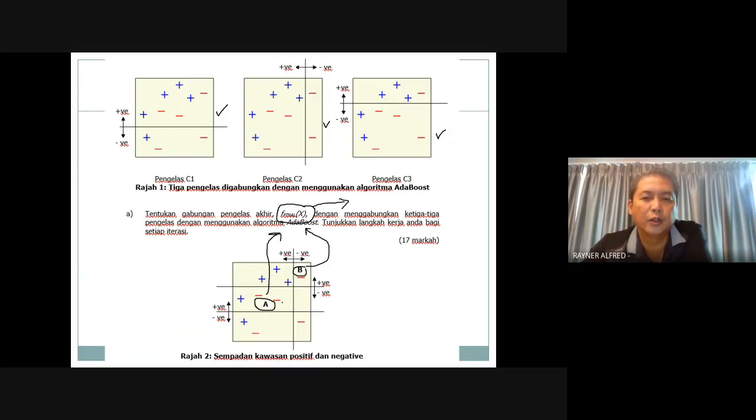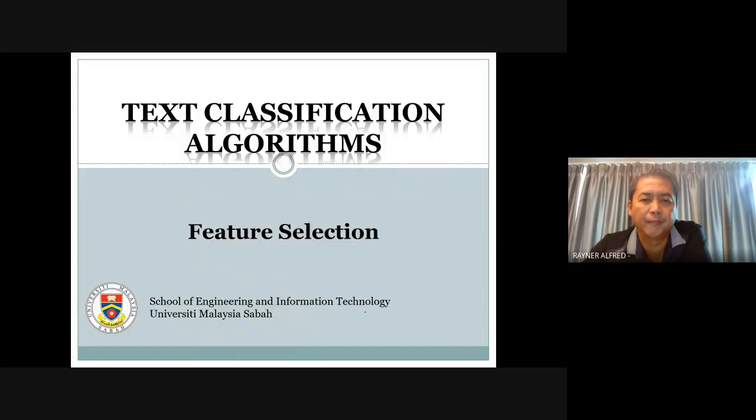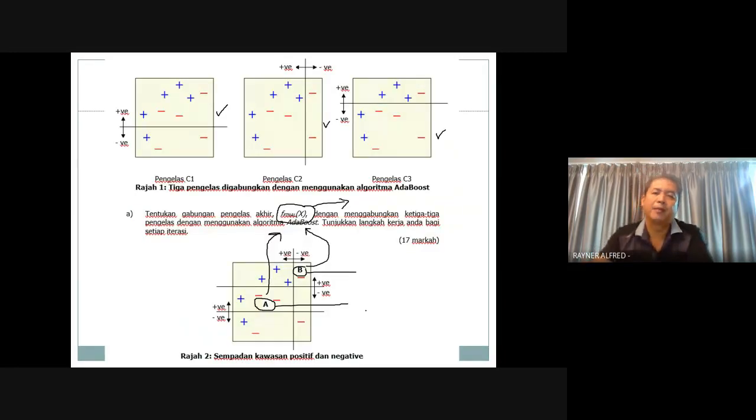So you need to determine which one A belongs to, positive or negative. Okay. So this is your exercise, but I don't think you have to submit. But just for your reference.